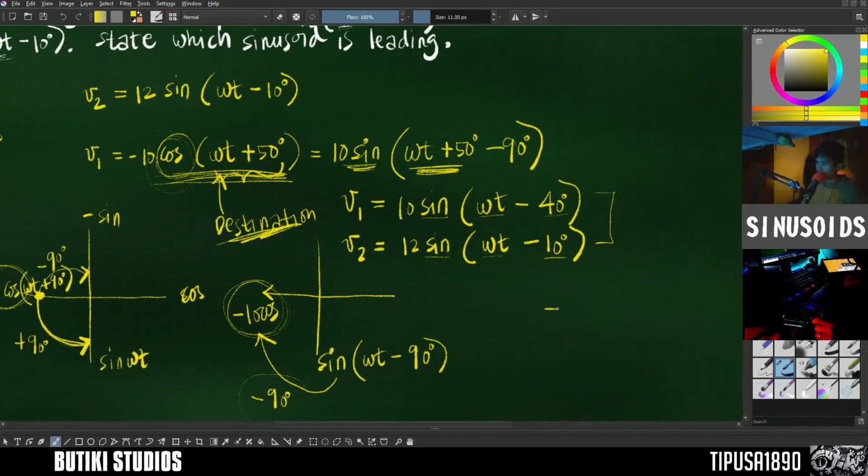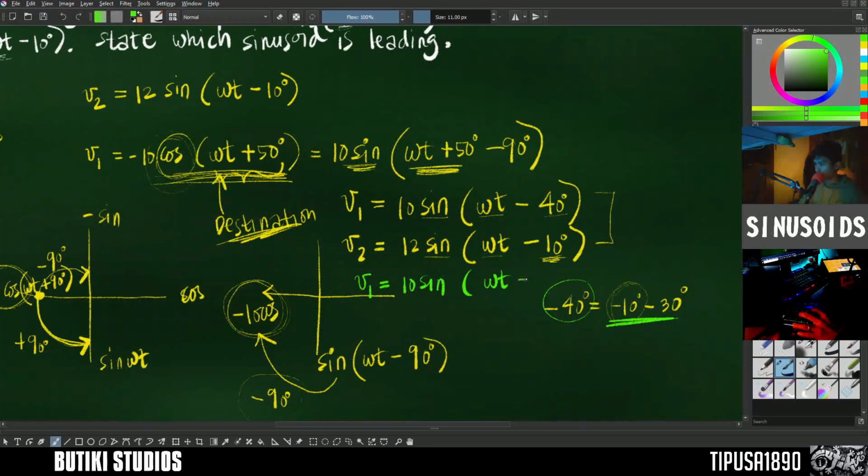So our negative 40, we can make this so that this will equal negative 10 minus 30. Negative 10 minus 30 is negative 40 degrees. And I made this negative 10 because it is negative 10 here. So what happens is V sub 1 becomes the same 10 sine omega t, but instead of negative 40 it is equal to that, so minus 10 degrees minus 30 degrees.